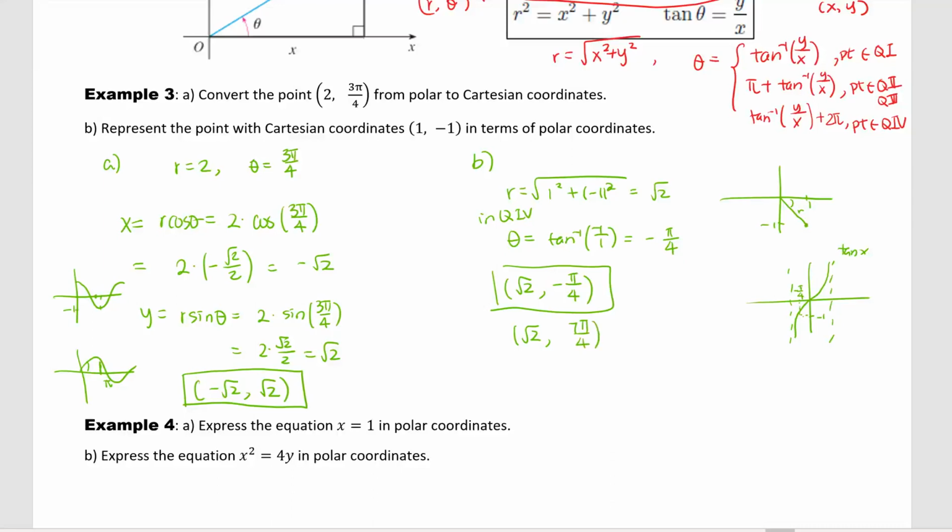Or you can think about the angle as 3 pi over 4, which is here, but I go backwards root 2 units. That's why we get the other representation. So far so good, everybody? Okay. Let me use this notation.